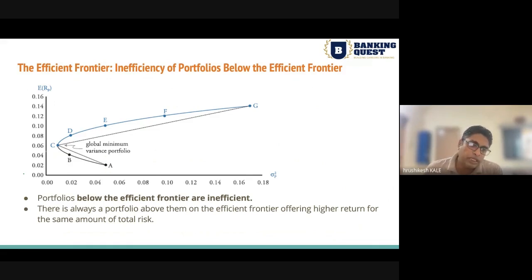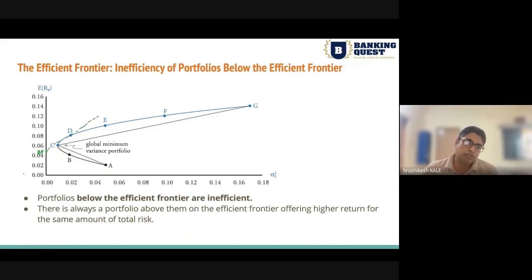Assume it's 5% here, risk-free. The rate of government of that country. So in India, we have Indian government 10 years bond rate. And what I am going to do, I am going to draw a tangent here.